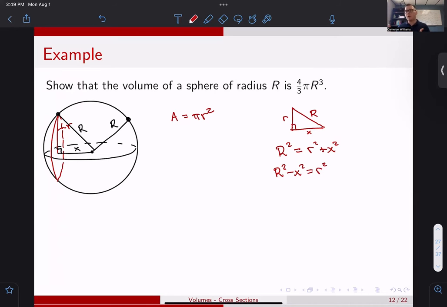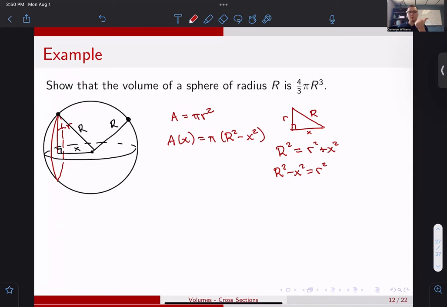You might be tempted to take the square root, but notice we have r squared here, and we have r squared in the area formula. You don't need to take the square root because we're just going to undo it anyway. So we can just take our little r squared equation in terms of x and plug it into our area formula to get area as a function of x. It'll be pi times big R squared minus x squared.